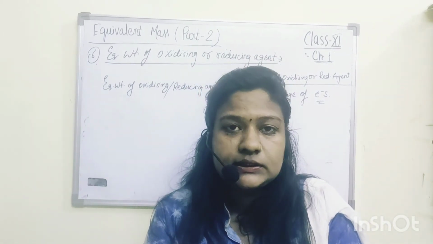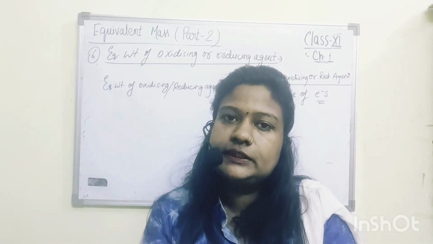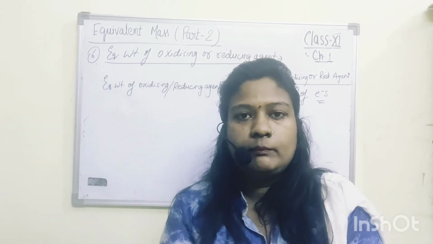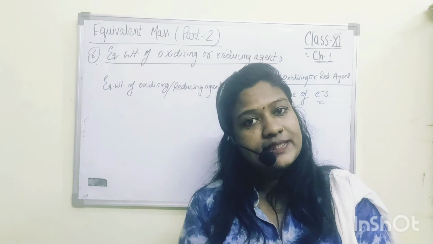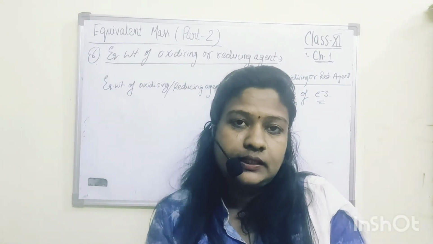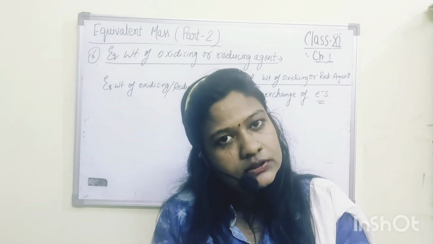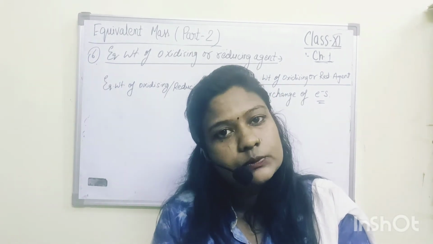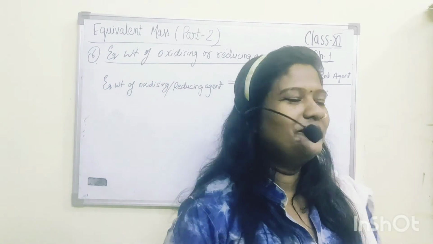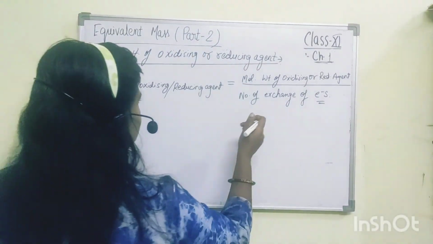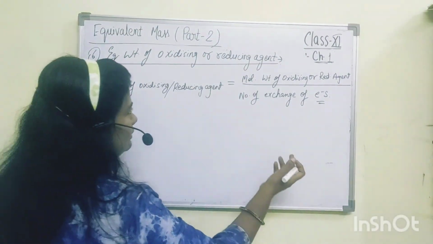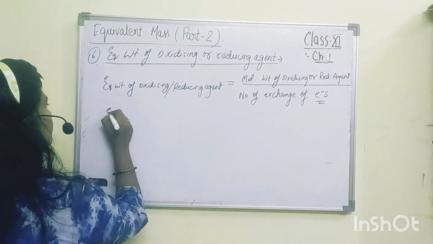If it reduces itself, it is called a reducing substance. But if it oxidizes others, it is called an oxidizing agent, and if it reduces others, it is called a reducing agent. Correct?